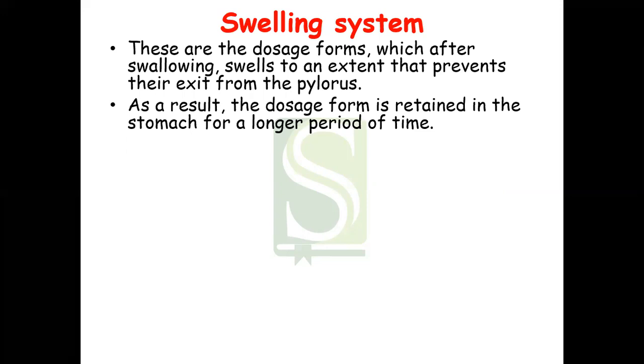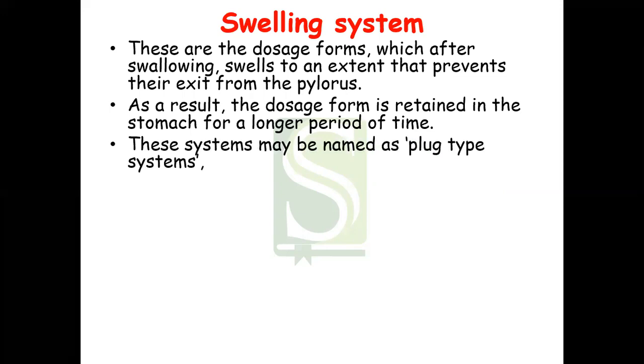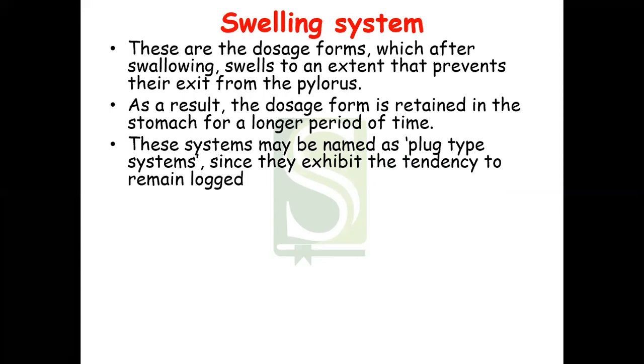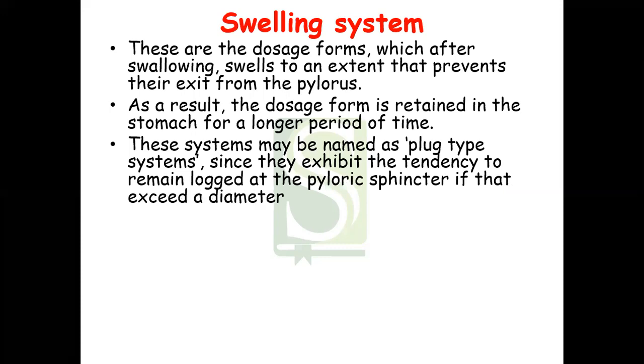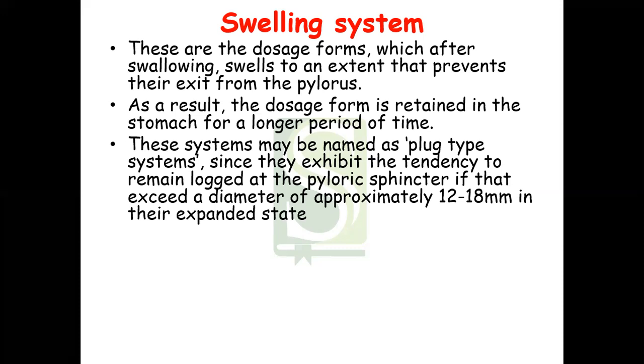As a result, the dosage form is retained in the stomach for a longer period of time. These systems may be named plug type systems since they tend to remain locked at the pyloric sphincter if they exceed a diameter of approximately 12 to 18 mm in their expanded state.